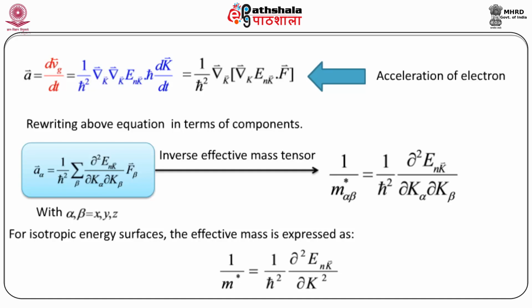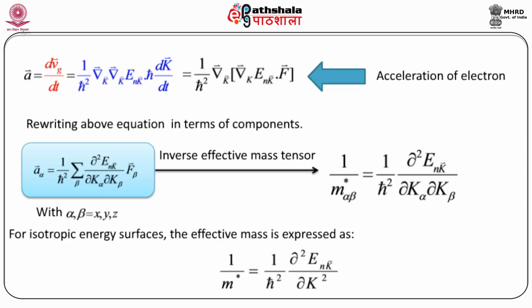Thus, from this definition of the acceleration, we obtain the inverse effective mass tensor: 1 divided by m*_alpha beta is equal to 1/h-bar squared times the double partial derivative of E(k) with respect to k_alpha and k_beta.